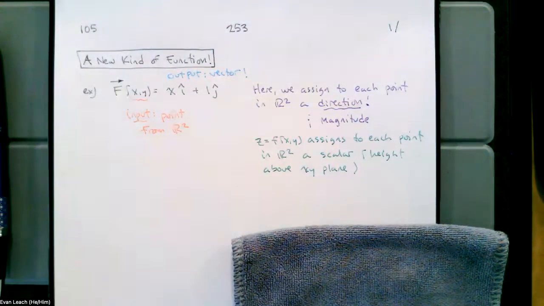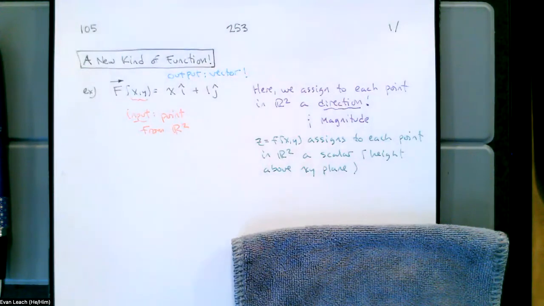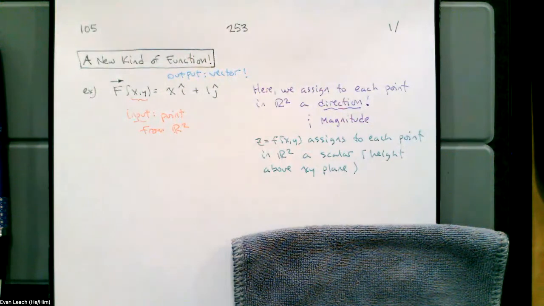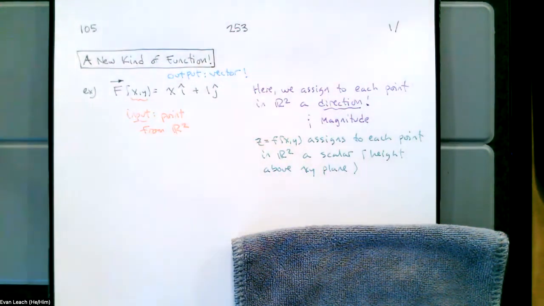Now, with this function, we're assigning a vector. So instead of thinking of the graph as being a surface where we just have a bunch of heights above every point, at every point we have a vector.